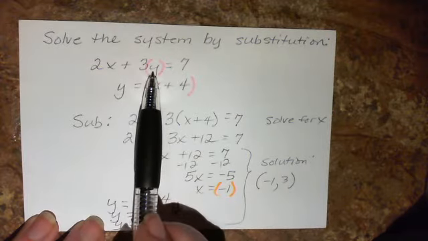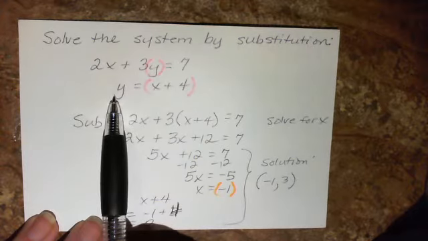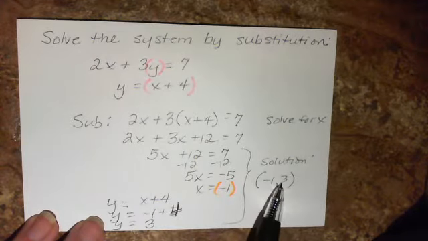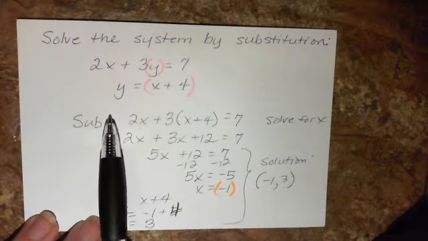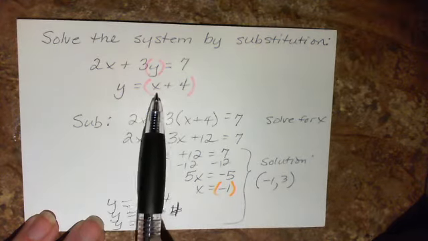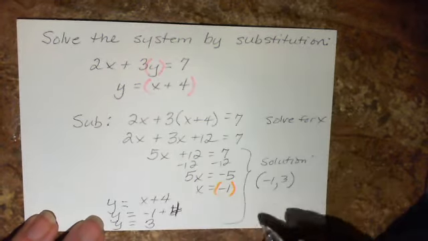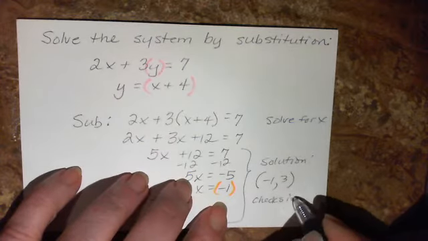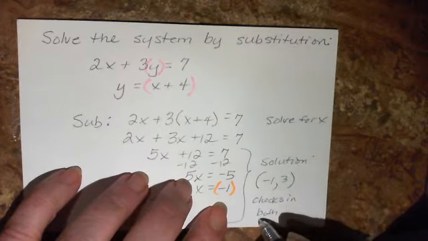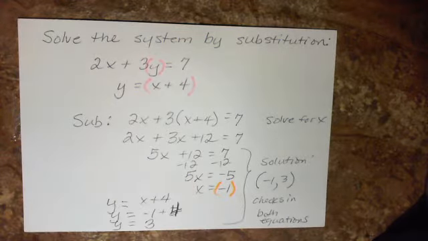So negative 2 plus 9 does equal 7, that one checks. Let's check it here. The y value 3 is equal to x plus 4, negative 1 plus 4. That works as well. So we can say that it checks in both, so we know it's a good solution.